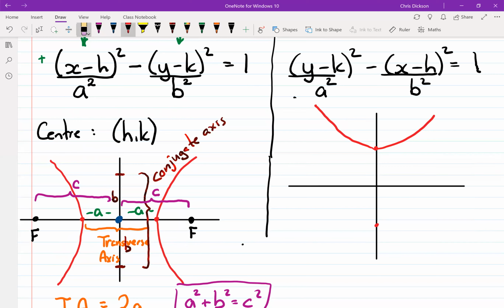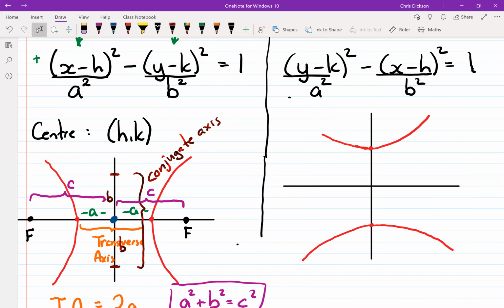And the other one would open downwards. Boy, that's really bad. Okay, there we go. So there's our hyperbola.